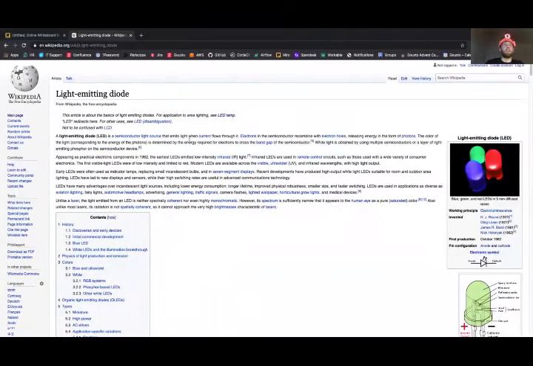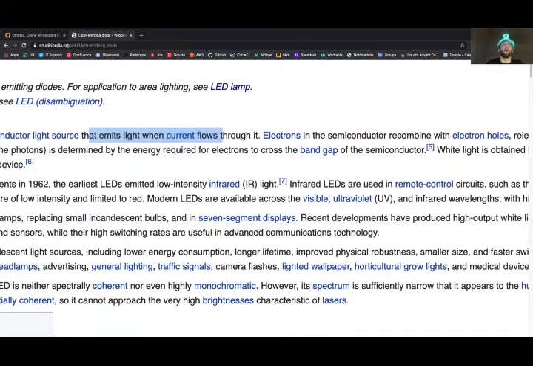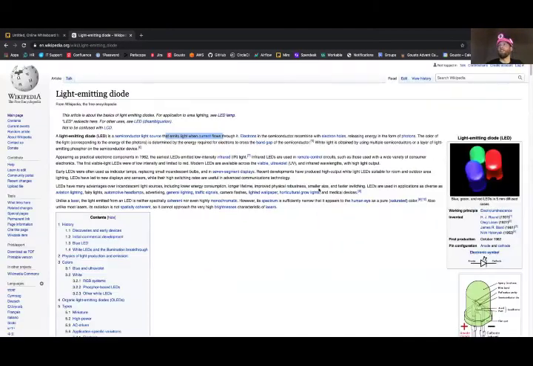Now, there's a lot of theory we could get into here, but ultimately what you need to understand is it is an electronic device which takes electricity or electrical potential energy and converts it into light. Now, if you were to look at the Wikipedia page, there's a lot of physics detail here, but ultimately it is a light source that emits light when current flows through it, okay?